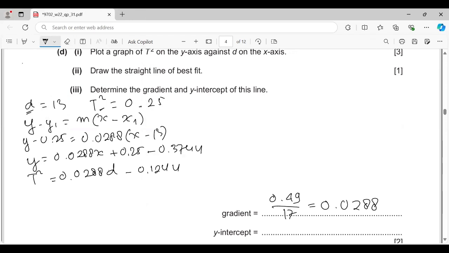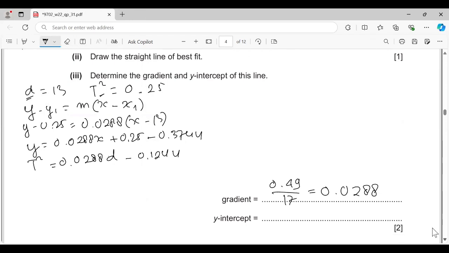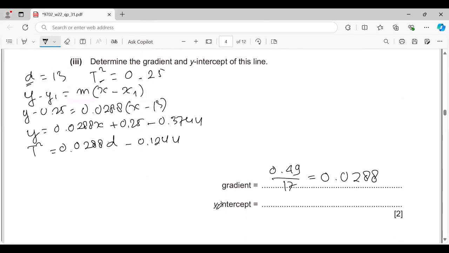Okay. Now, the y-intercept happens if D equals 0. If D equals 0, we can find the y-intercept. It means the y-intercept is minus 0.1244.